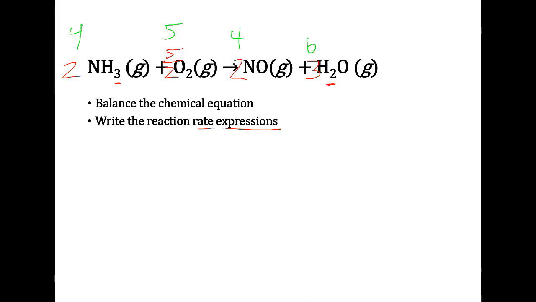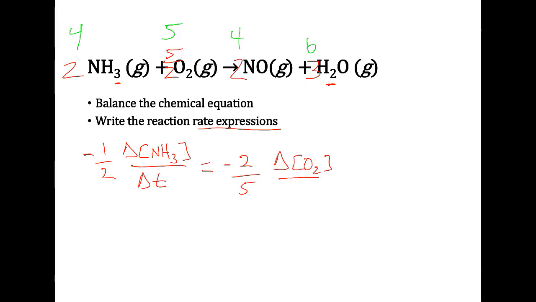Let's go ahead and write the rate expression for this. So NH3, as a reactant, will have negative 1/2 times the change in concentration of NH3 over the change in time. And this will be equal to negative 2/5, because it's 1 over the coefficient, times the change in concentration of O2 over the change in time.